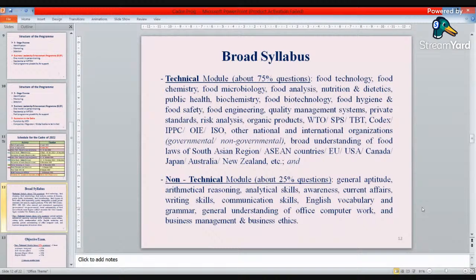As far as India is concerned, we might expect you to know in which year were the nutraceutical regulations notified. What is the name of the CEO of FSSAI?